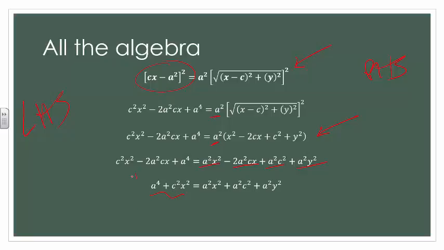So we added 2a squared cx to both sides to give us on the left a to the fourth power plus c squared x squared, and to give us on the right a squared x squared plus a squared c squared plus a squared y squared. We have a negative 2a squared cx and a positive, and that's what happened to that term.